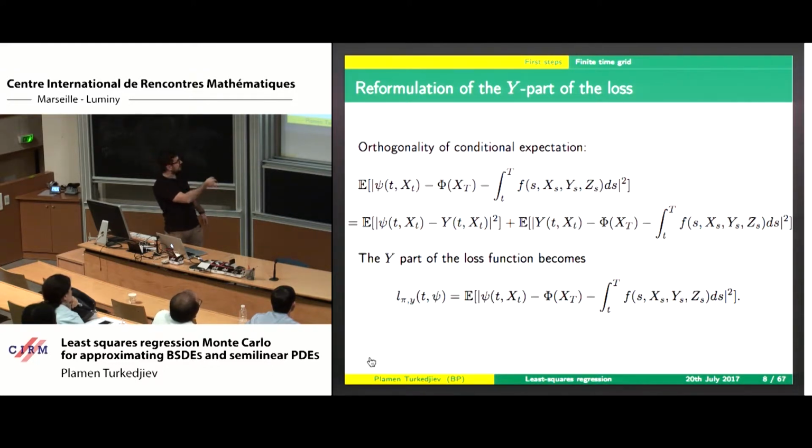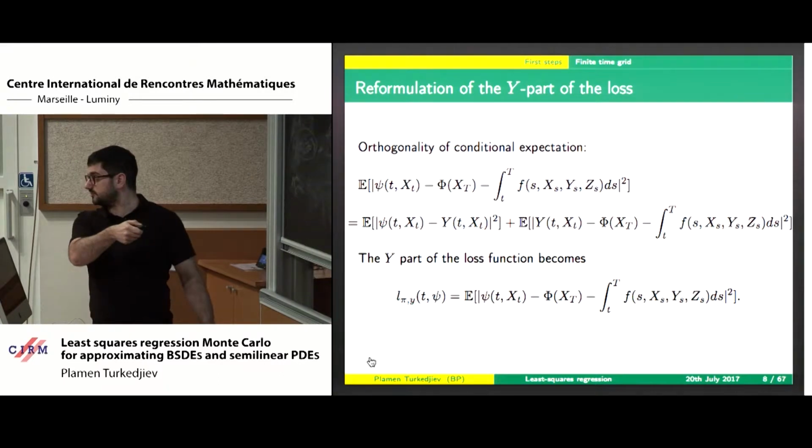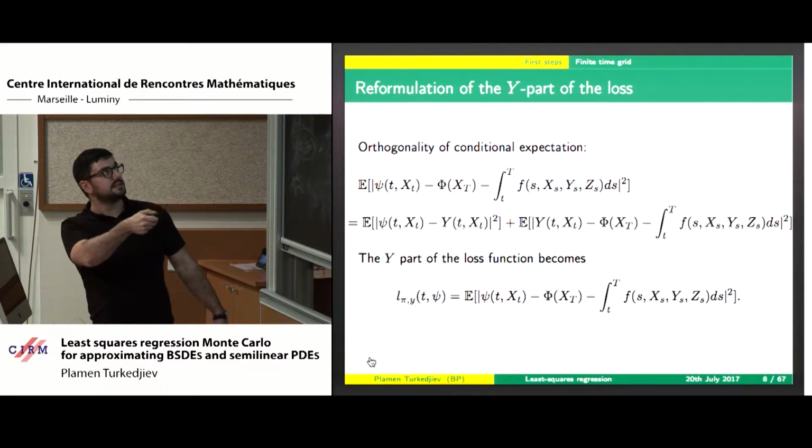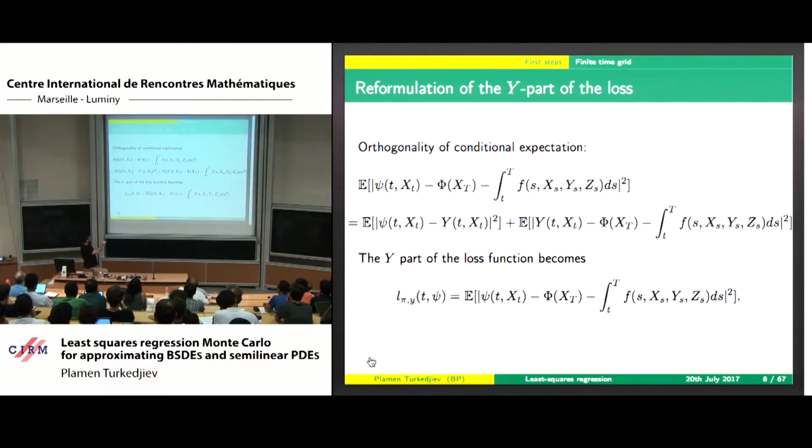So what I can do now is replace, in the y part of my loss function, this non-tractable term, because I didn't have this y, with a term here. This is psi, the function that I'm approximating with. And all of these terms only depend on solutions for y and z that occur after time little t.